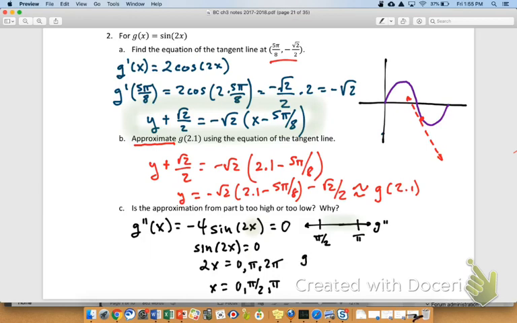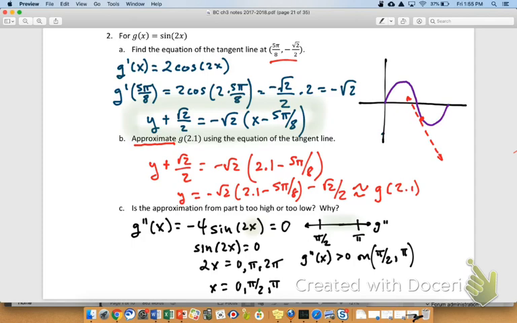Yeah, so we could say g double prime of x is going to be positive on the interval from pi over 2 to pi, which contains our two key points, right? The point of tangency as well as our approximating point. So if g double prime is positive, that means the graph of g is what? Concave up, right? Because g double prime is positive.